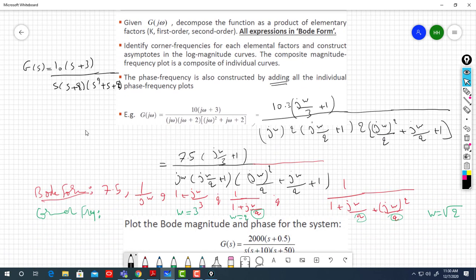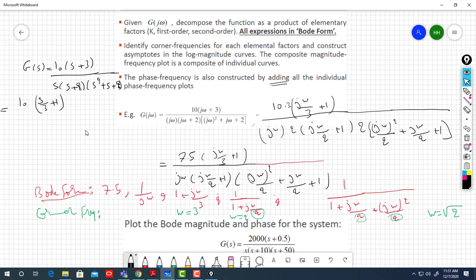As we did last time, what's the standard form of s plus 3? In the standard form we always have 1. So it is s over 3 plus 1, with 3 in common, and let me do it again: 10 times 3, then s over 3 plus 1.